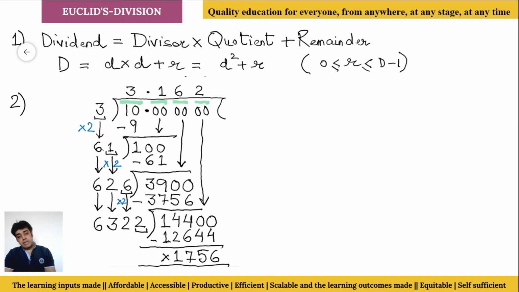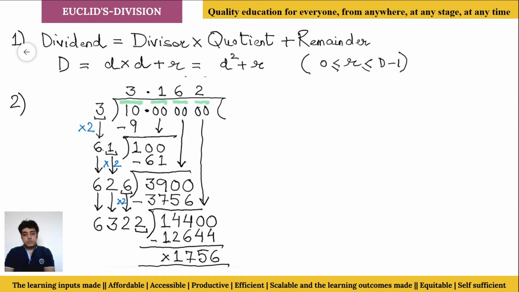So 2 plus 1 makes it 3. So you would see 626 becomes 632 followed by a dash. And now, as we had discussed earlier, the thousands digit here in the fourth divisor is a 6, which if multiplied by 2 should give me a number closest to 14 in 14400.